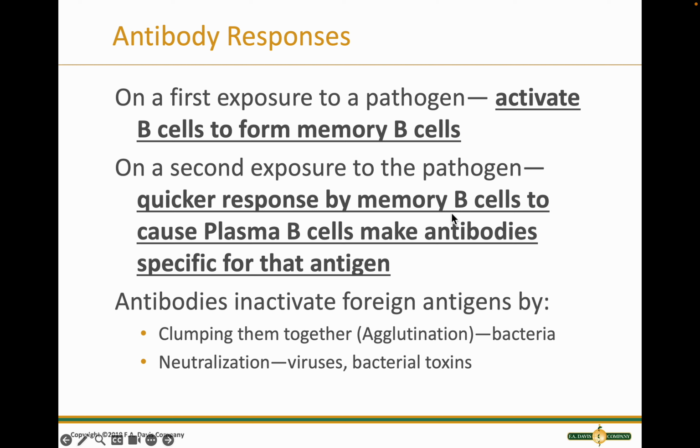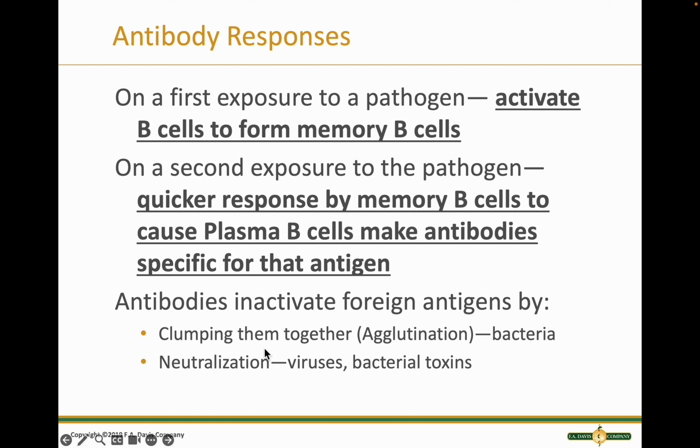And their job is to tell the body to make these specific plasma B cells to that specific bacteria, and those plasma B cells will make very efficient antibodies to that bacteria. So again, memory B cells remember, and plasma B cells are the factories that create the antibodies.